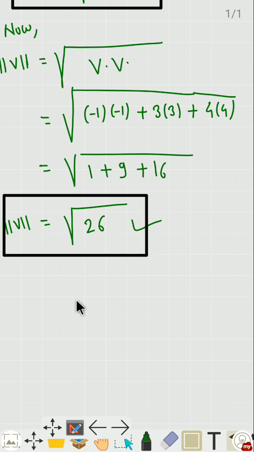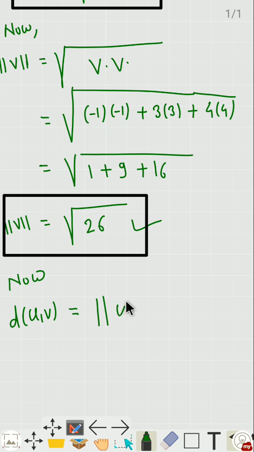Now we find the distance between vector u and v, and it is nothing but the norm of u minus v.